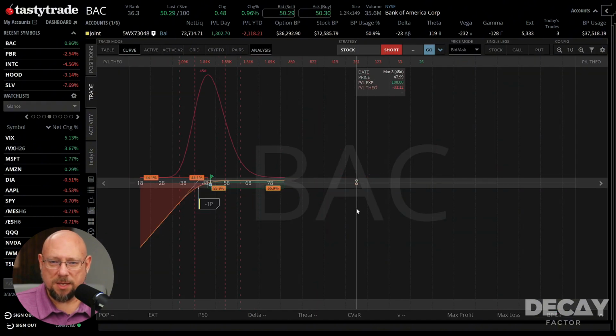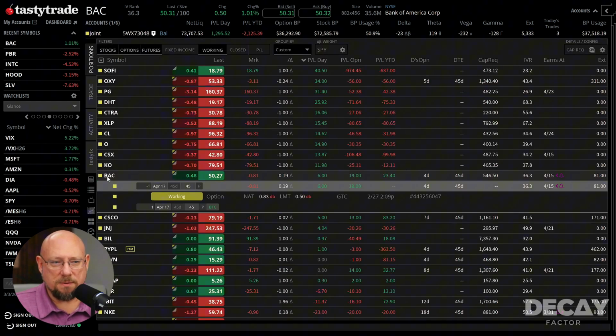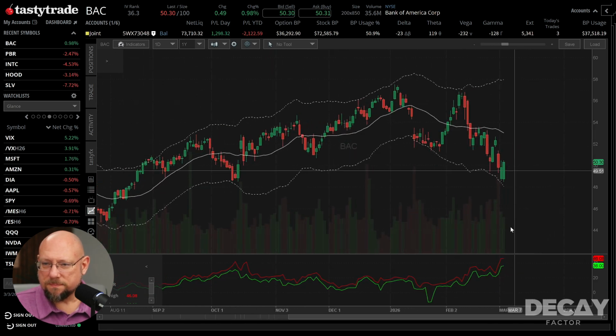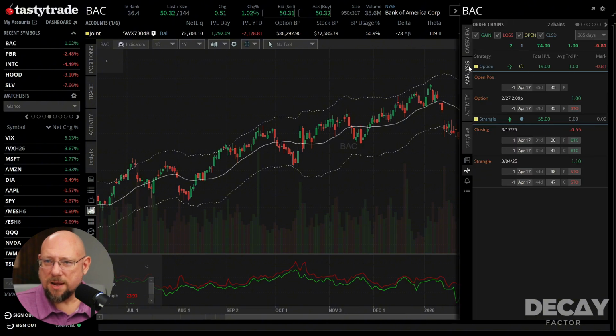So let's take a look at the analysis here. Looks like we must have, yeah, we got a little bit of a move here. With BAC IV rank at 36.3, let's see if I want to manage this one. It looks like we might have had an increase.